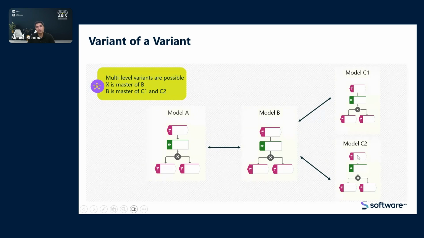So depending on your business case, you have an option of creating variants of variants, and all of this chain is retained as a relationship.